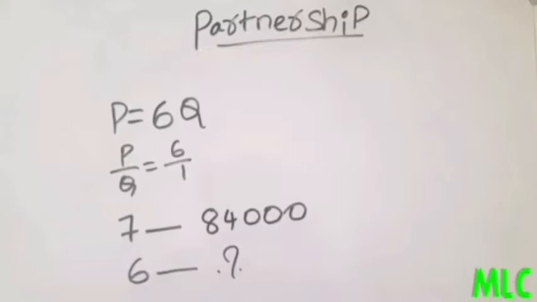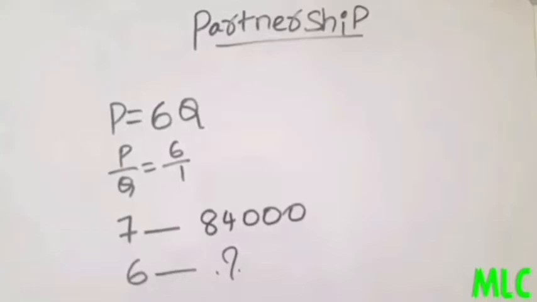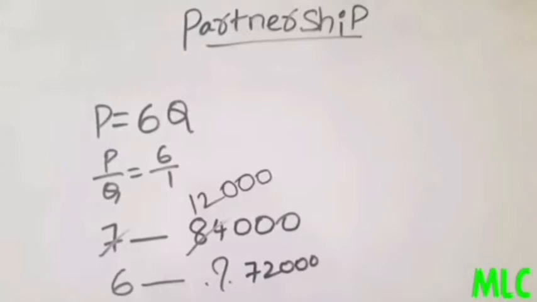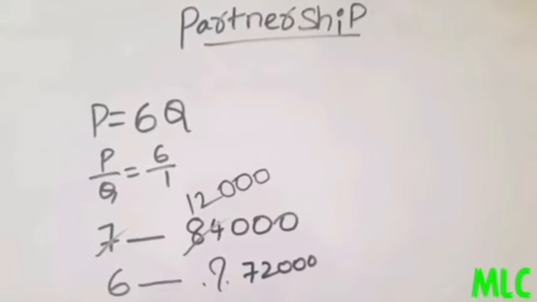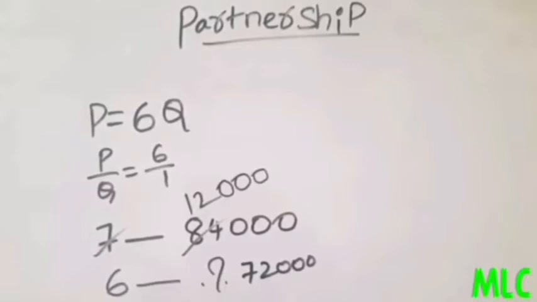Let's do the simplification so that we can easily crack the question. The main aim of this question is to find P's share. After the calculation, 7 parts is 84,000, so 6 parts is 72,000. So P's share of profit in this business is going to be 72,000. That's our answer. Let's move forward to the next question.